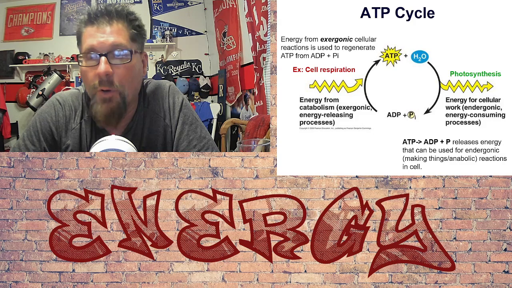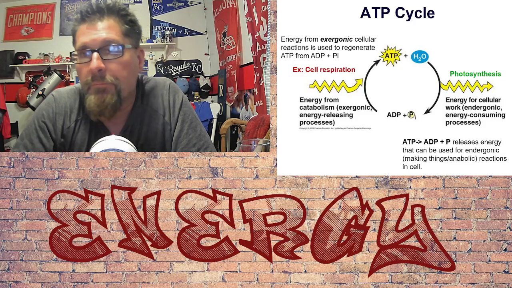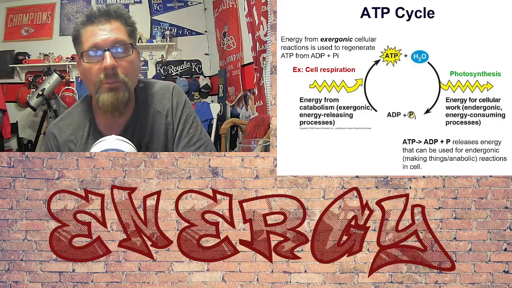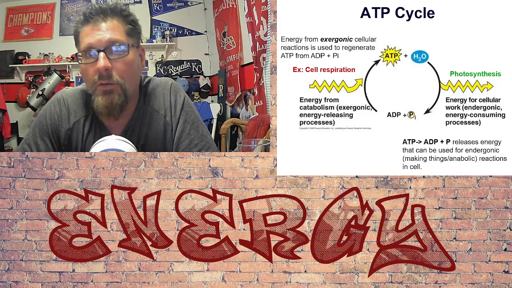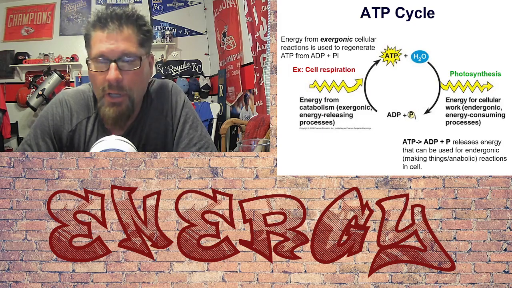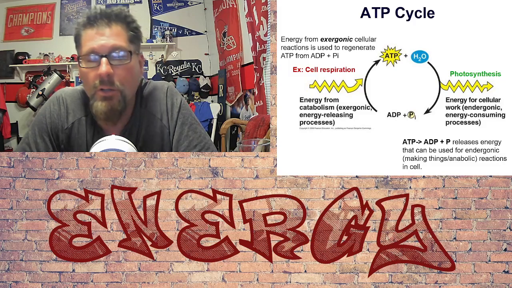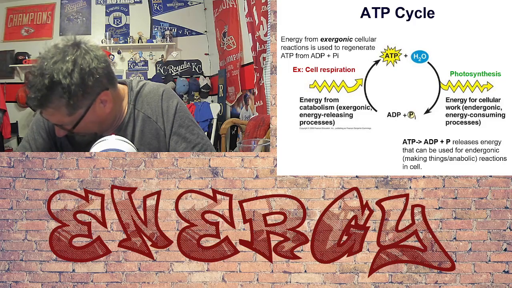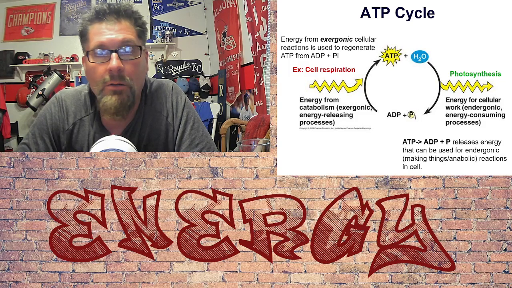So in photosynthesis, you're going to build the molecule, and then in cellular respiration, you get it broken apart, and then some of that energy is used to build the next molecule. So it's a continuous cycle, breaking apart, releasing energy, using energy to build a molecule, break it apart. And then the cycle just continues.